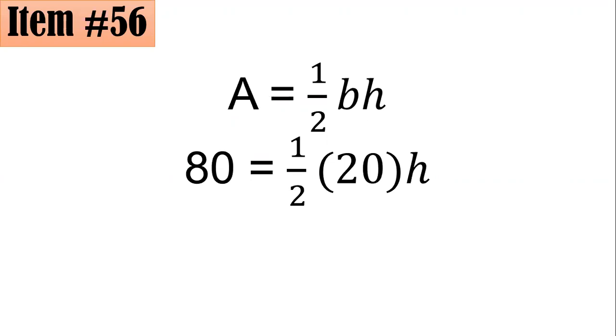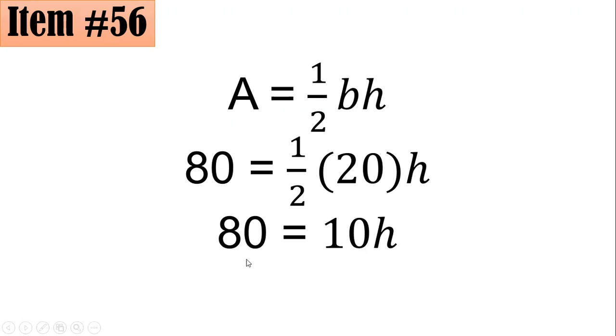Yung 56 po, ngayon lang po natin i-discuss. So that's 80 equals 1/2 times 20 times h, kasi given naman yung area at saka yung base na 20. So, from here, sa right-hand side po natin, 1/2 times 20 times h is 10h. That's why 80 is equal to 10h.